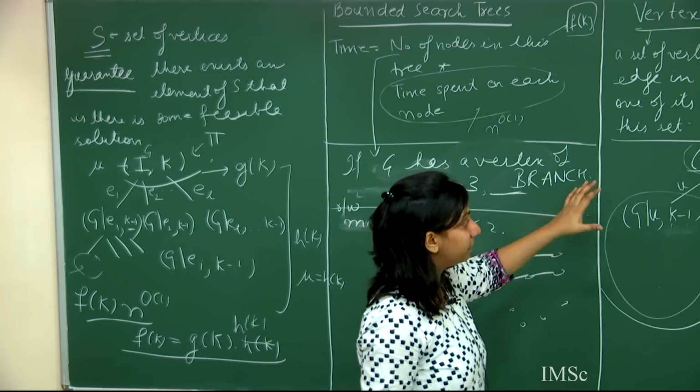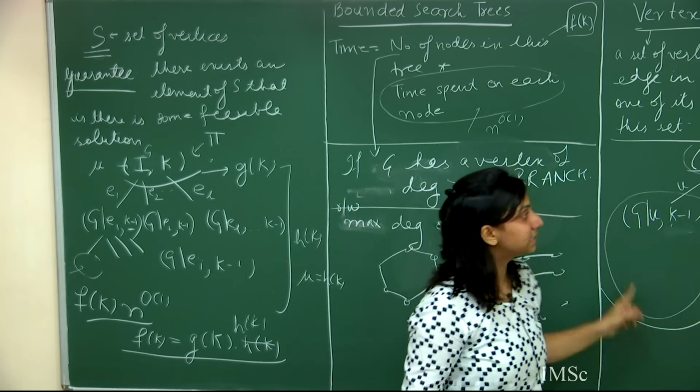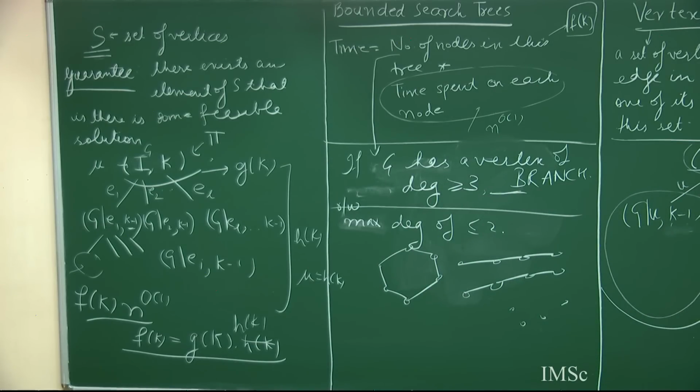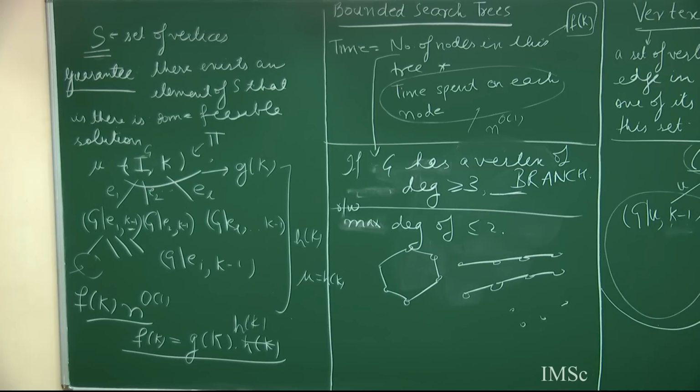And hence, if you look at the number of nodes in this branching tree, the recurrence for that will be T(k) = T(k-1) + T(k-3), because the minimum degree is 3, so there will be at least 3 neighbors for sure. And if you don't pick the vertex, you have to pick all those 3 neighbors, and hence k decreases by 3.